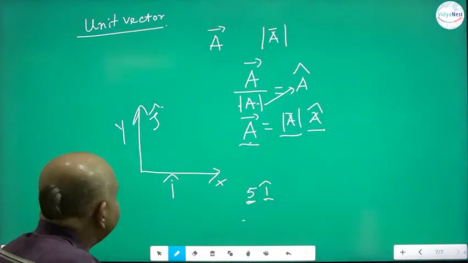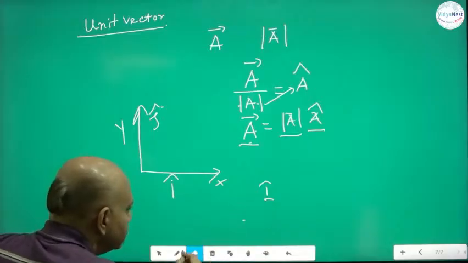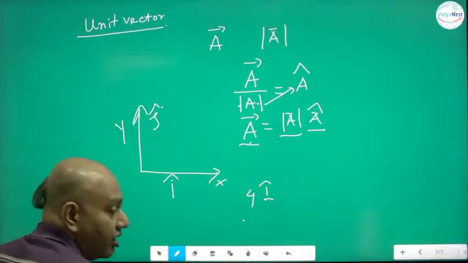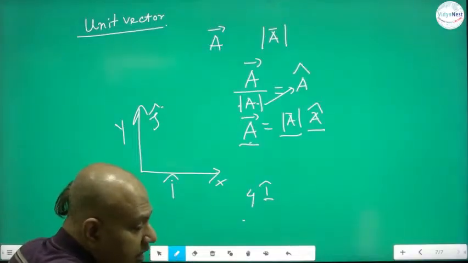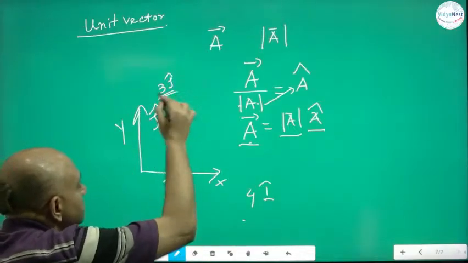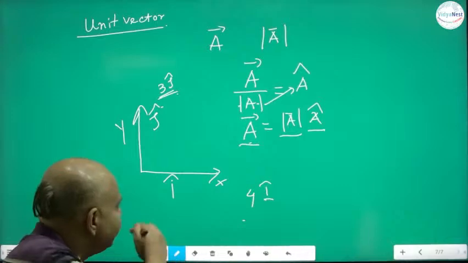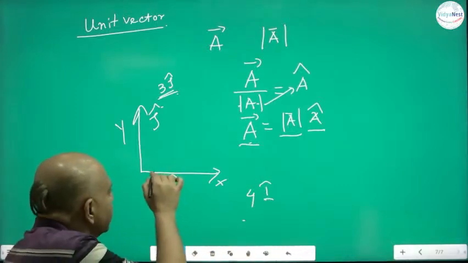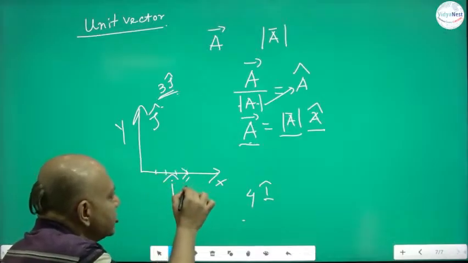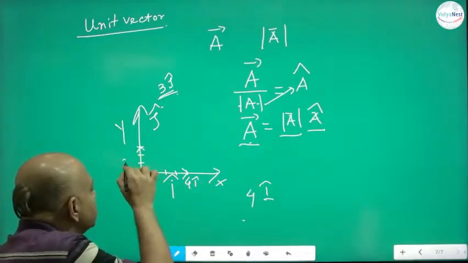Similarly, suppose I am writing this is 4 I cap, and along y, I am having a vector of magnitude 3. So what is the vector existing here? 3 j cap, isn't it? So now, if I draw vectors along x-axis 1, 2, 3, 4, up to this vector is equal to 4 I cap, and 1, 2, 3, this vector up to 3 j cap.